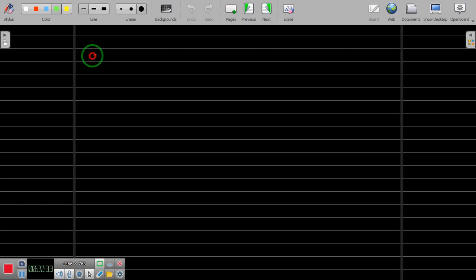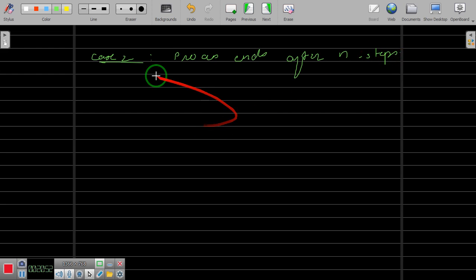Case 2, the process ends after n steps. If the process stops at n steps, it means you will have the truncated kernel k n plus 1 of x comma t identically equal to 0.